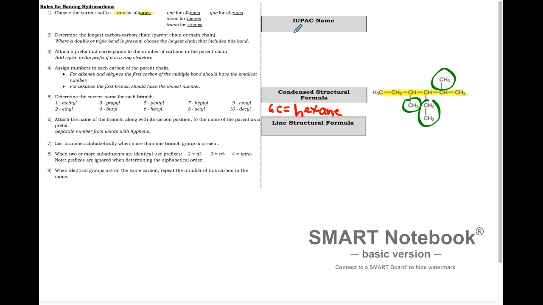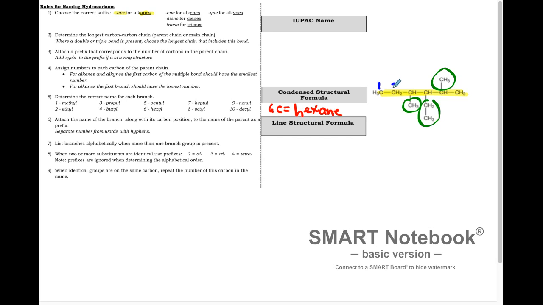So for the IUPAC name, we're going to have the parent chain at the end, hexane, with 3 substituents coming out of it. Now we have to number it such that we have the lowest combination possible. Because we have our linear chain, we can only number it from left to right, or from this terminal end, right to left. So I'm going to draw the left to right in blue, and we'll see what combinations we have.